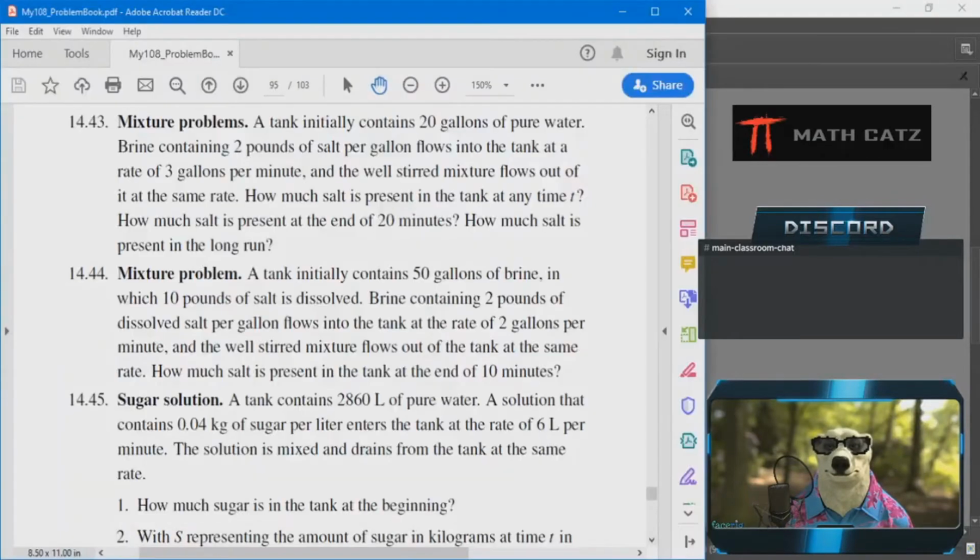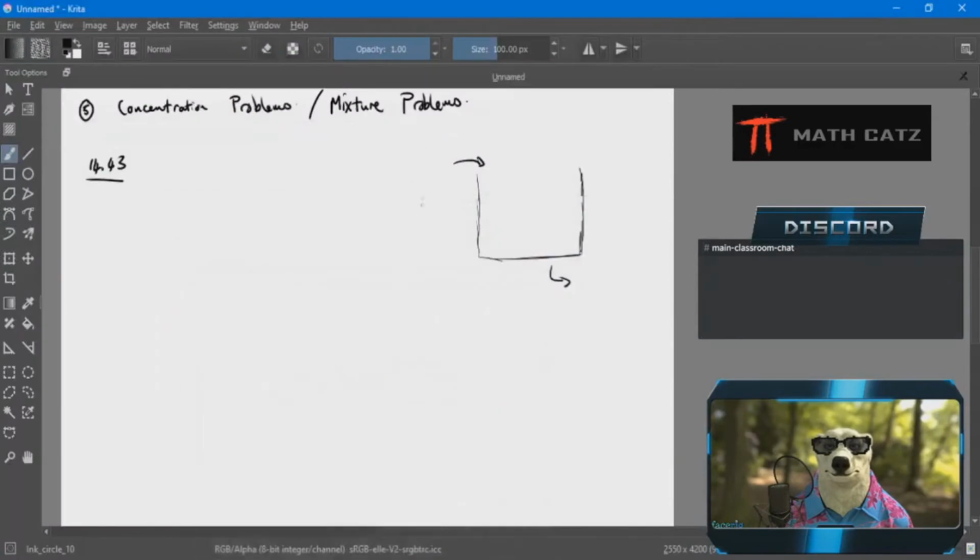To make it simple, 3 gallons per minute will be coming in, and the mixture flows out at the same rate. So that is very handy to keep things simple. 3 gallons per minute flowing in, 3 gallons per minute flowing out.